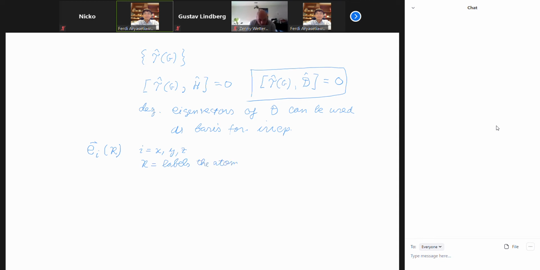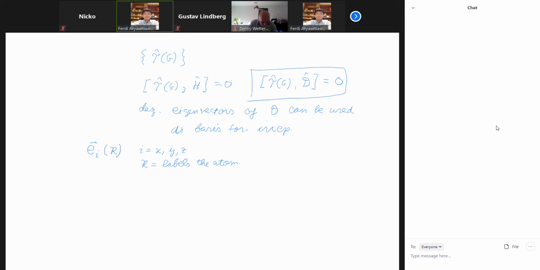So these are our basis vectors: Cartesian coordinates x, y, z attached to each atom, which we label by R. I should not confuse this R with rotation. This R is just a label for the atom.